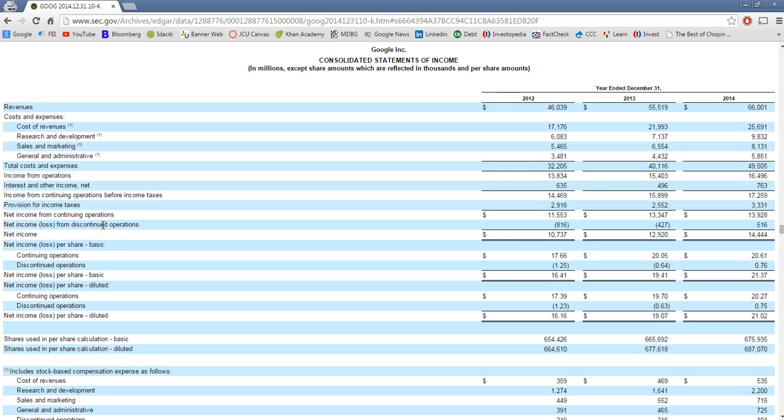Pretty much if Google, or any company, decides we're not going to continue with this business anymore, they'll take it out of their operating or other section, just because it used to be our core business, or something we did, but now we're not doing it anymore. And then you end up with net income.